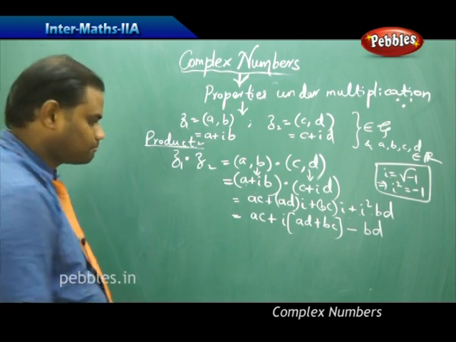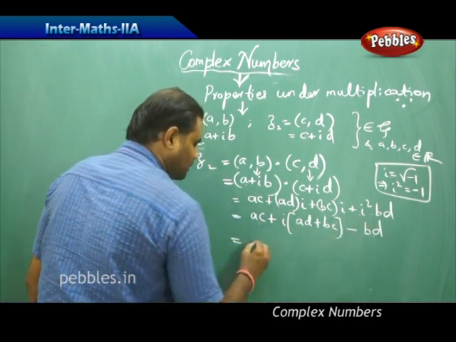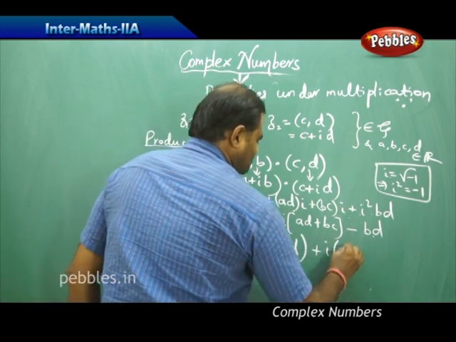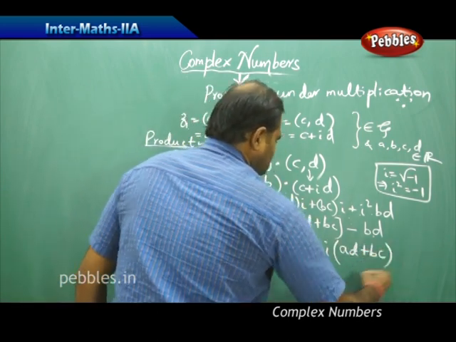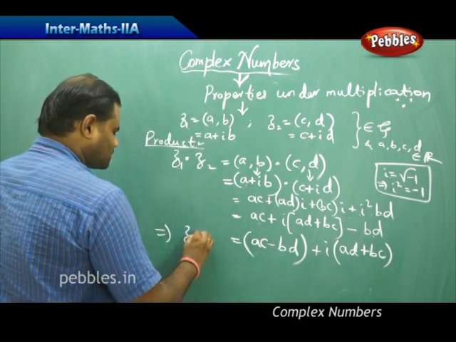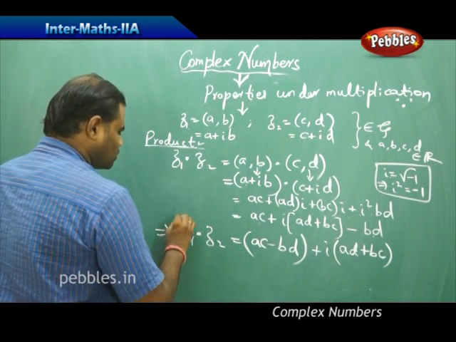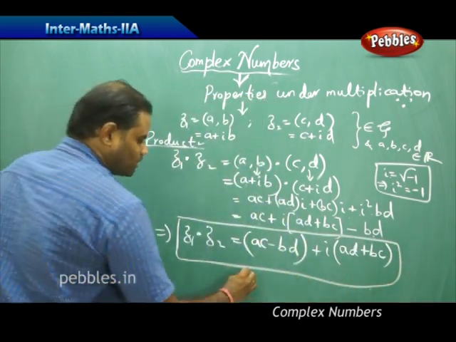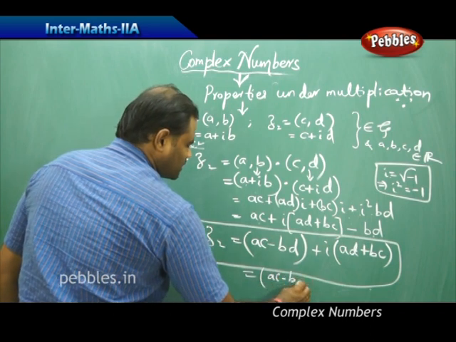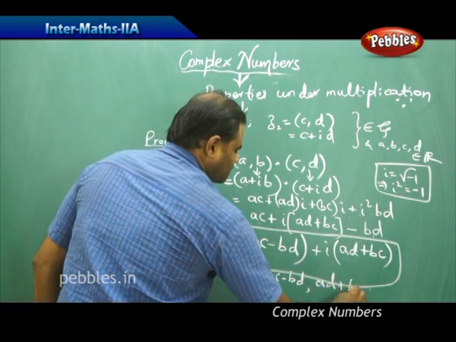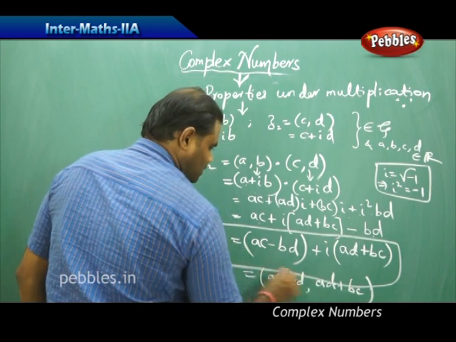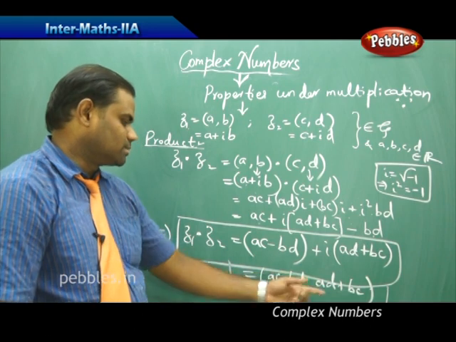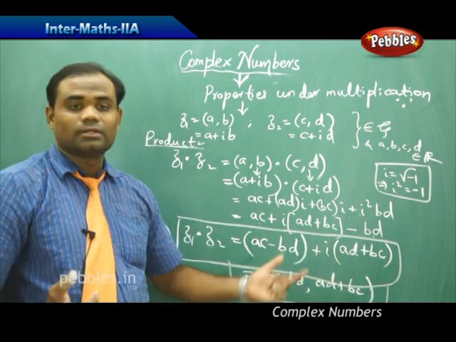Therefore, taking all the real parts, (ac minus bd) plus i times (ad plus bc) is what I get when I take the product of two complex numbers. Or this can also be written as (ac minus bd, ad plus bc), which is how I understand the product of two complex numbers written in this form or this form.